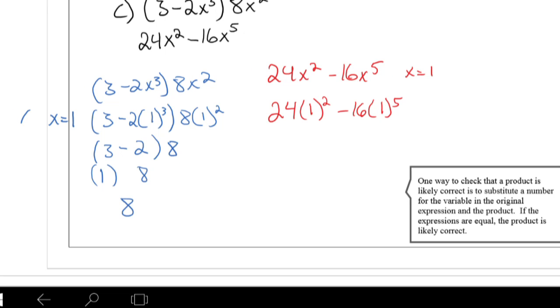So I started with 8. I should also end up with 8 on the other side here. So let's do the red now. 24 times 1 squared is going to give me 24 minus 16, and that gives me 8 as well.